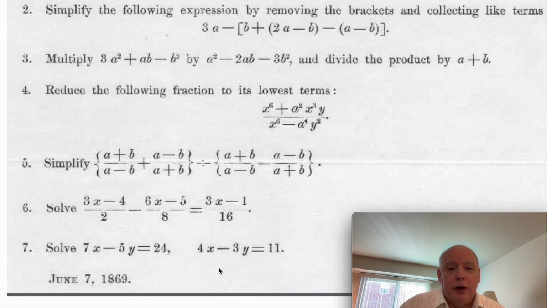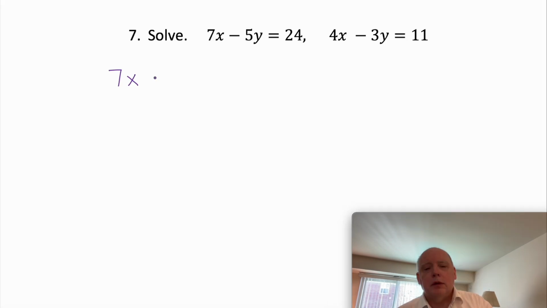Our last question in this exam is they're asking us to solve 2 equations and 2 unknowns. So we have 7x minus 5y is 24, and 4x minus 3y is 11. And we have to find what x and y are. Let me copy the equations down.